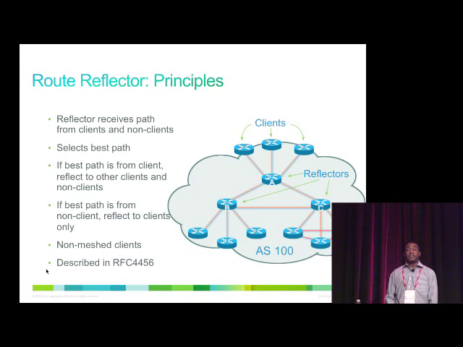With the route reflector, the rule is relaxed. If a route reflector receives a route on iBGP from a route reflector client, then it can send it to any peer, both to another client, to a non-client, as well as to eBGP peers.